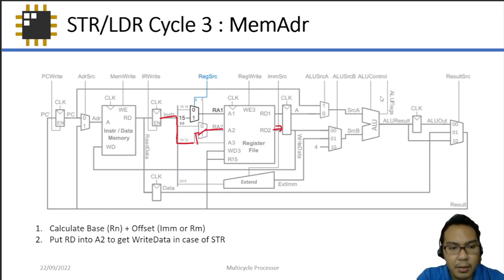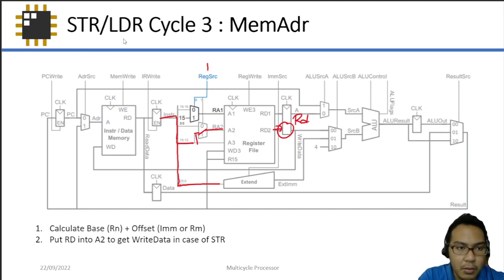This is in case it's a store. You still also feed RD, so you're feeding RD over into here in cycle 3 for store. In case it's a store, by the way, load doesn't really care if you feed that into it. But basically this means that registers needs to be 1 for this specific control structure if we're going to have the same state for store and load in cycle 3.